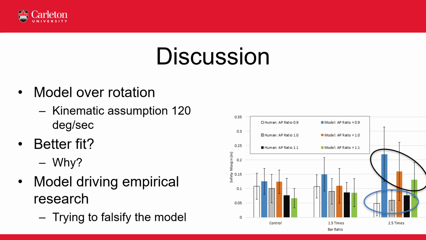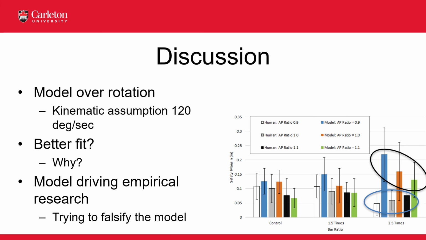And the rotation in the 2.5 times condition is a good example, because one can reasonably expect that the strategy in this case may be different than the rotation strategies in the other cases, because when you're holding a bar that long, participants may slow down and slow their rotation and attend more to the passing of the edges than they would have in the other conditions.